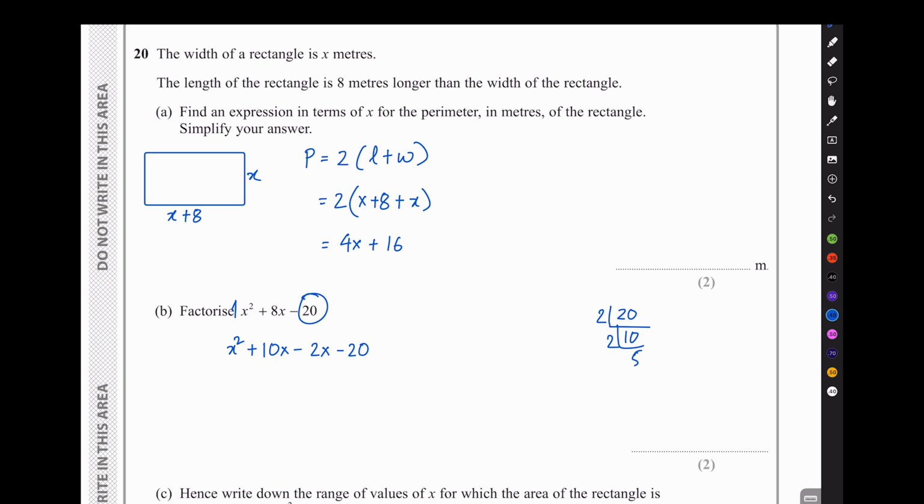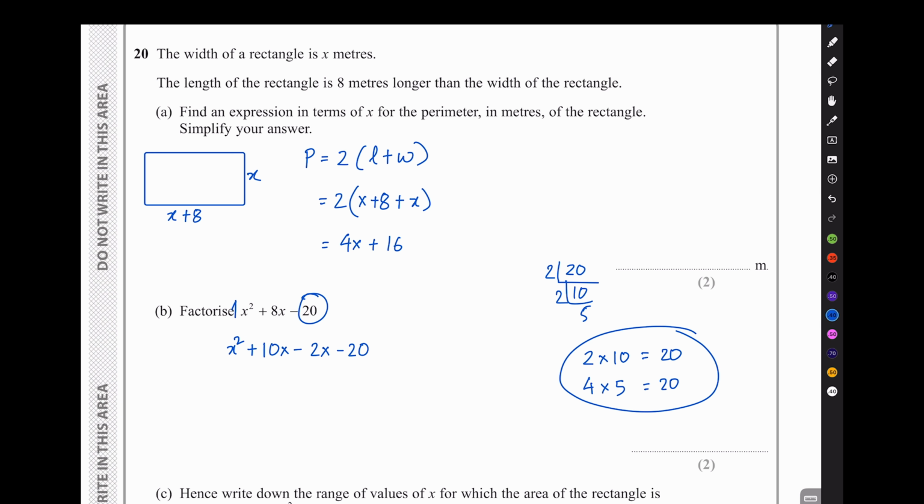Okay. So basically, what are the factors of 20? What can we multiply together to get 20? So we can write 2 times 10, which gives me 20, and then 4 times 5, which is also 20, and then 5 times 4. You get the idea. And also 20 times 1, this is also 20.